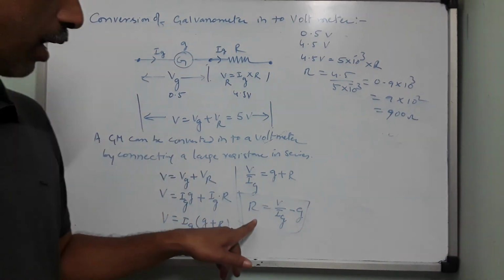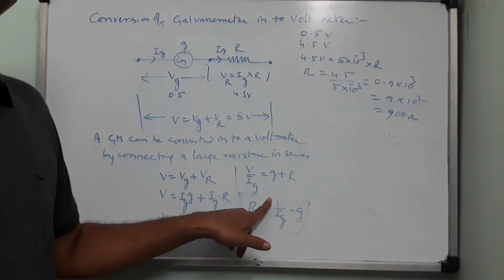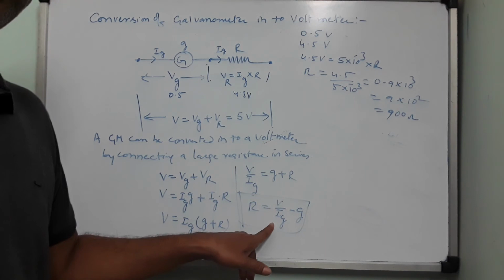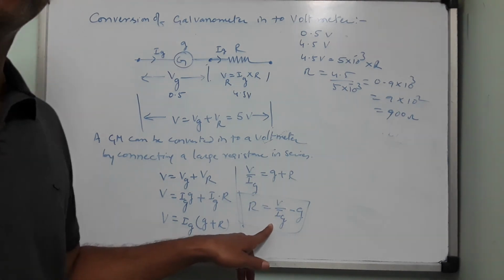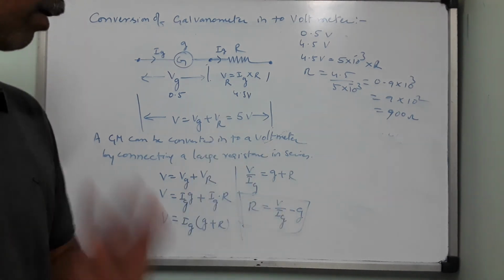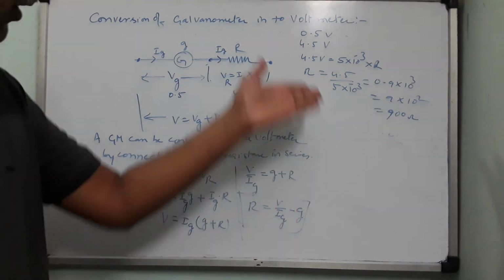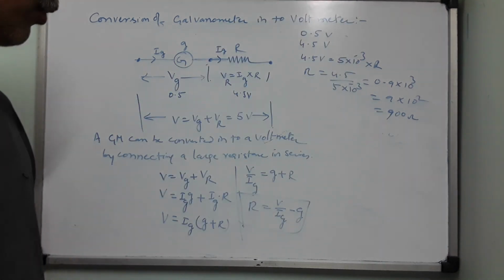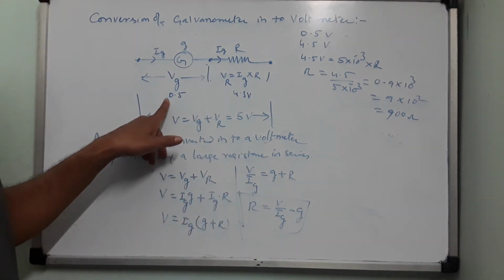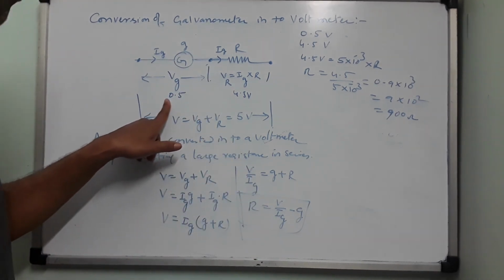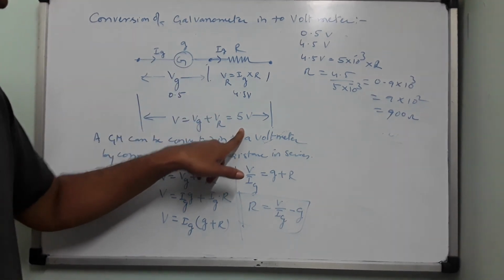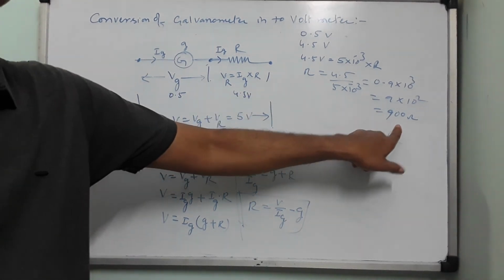R equals to your range of meter, the final range, divided by the current it can bear, that is called full deflection current, minus galvanometer's resistance. The same thing, reversed. Okay. So if it was measuring 0.5 volt, if I want to measure 5 volt using the same meter, I should connect a 900 ohm resistance in series.